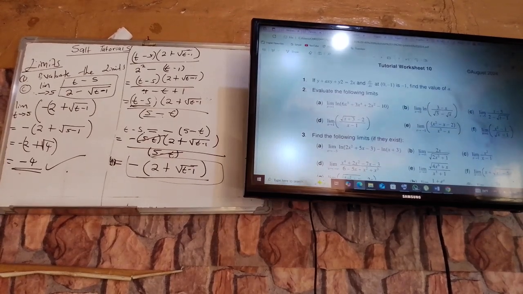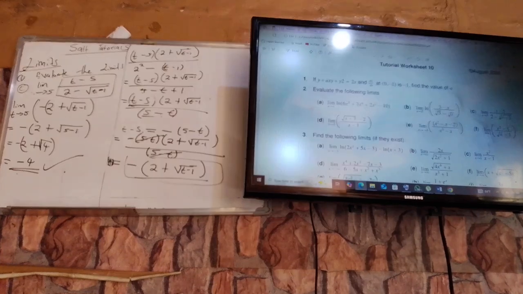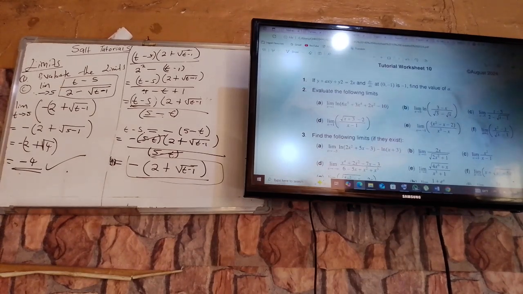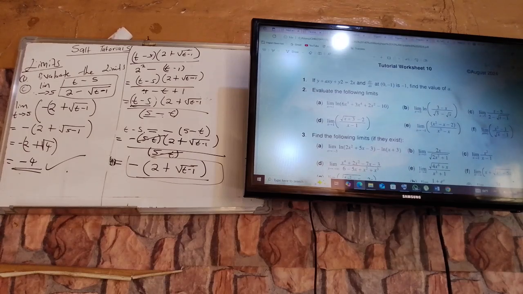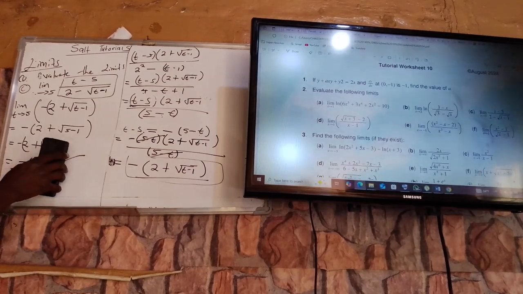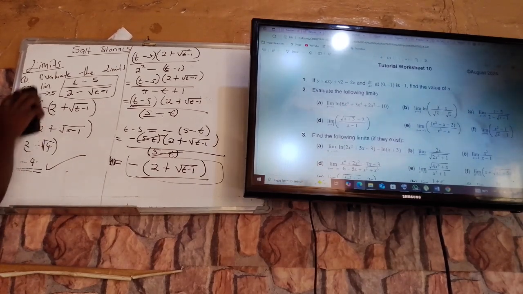So the same is happening on D, E, and F. Okay, so maybe let me try to work out one, and then the rest of those two will be your task.